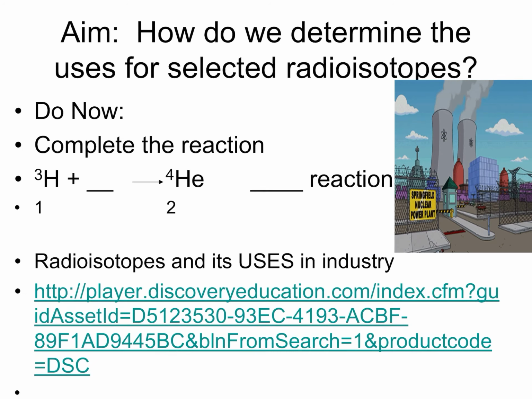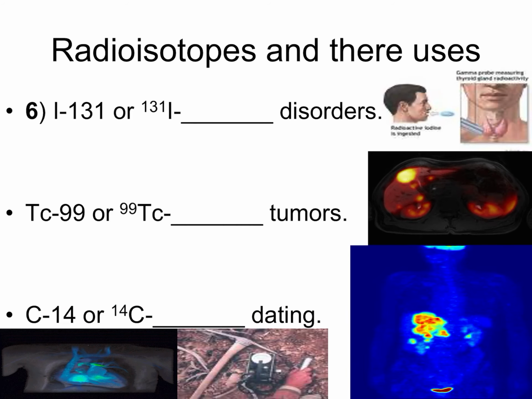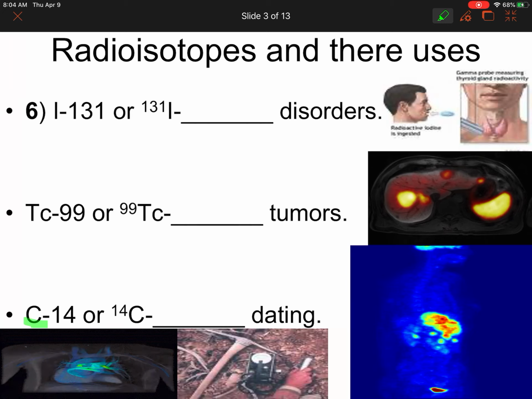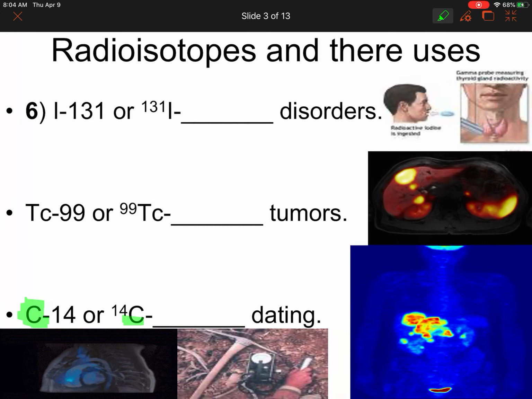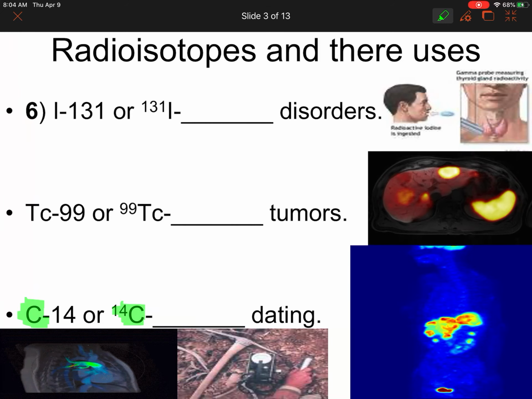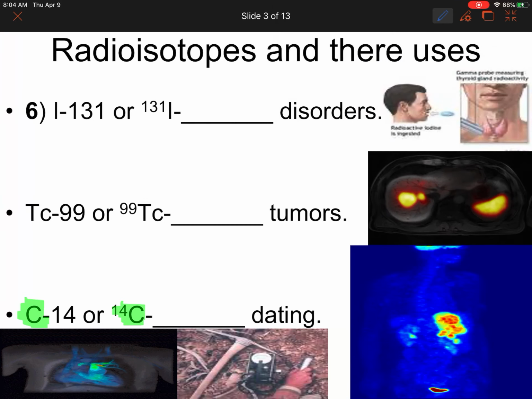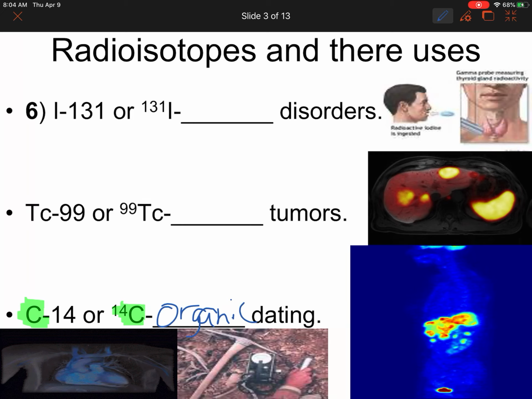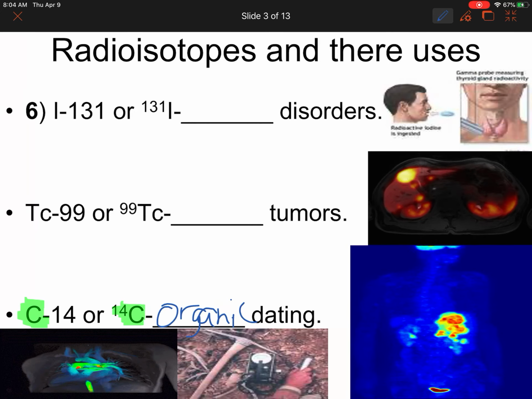Because carbon is the basis of life. We're all carbon-based creatures, right, guys? So this is for organic dating. If you want to know how old something organic is, okay?